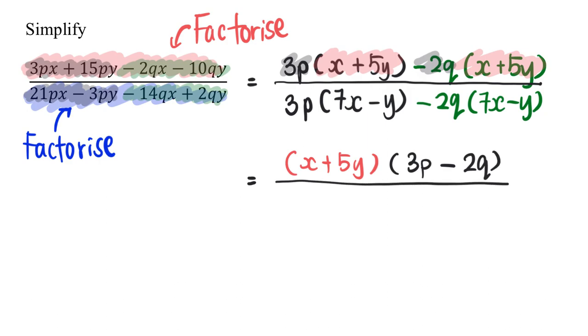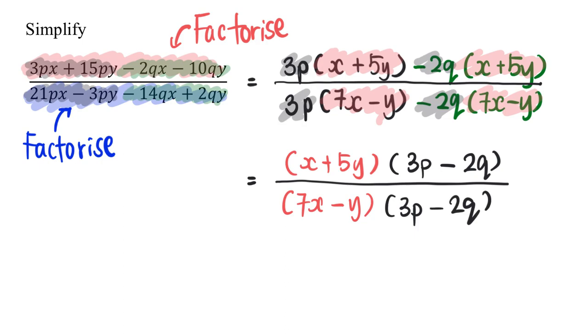I repeat for here, 7x minus y is the common factor, 3p minus 2q. And after we successfully factorize, then we can see that there is indeed a common factor, 3p minus 2q.